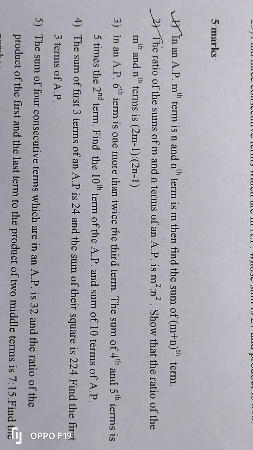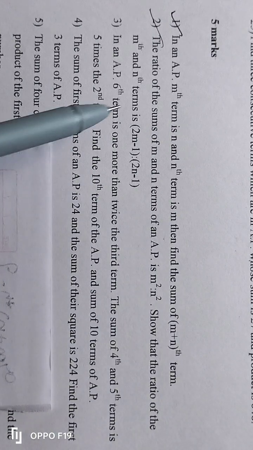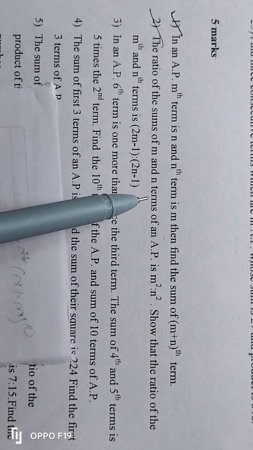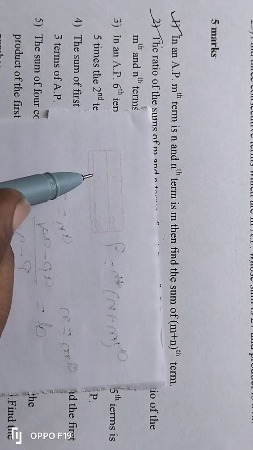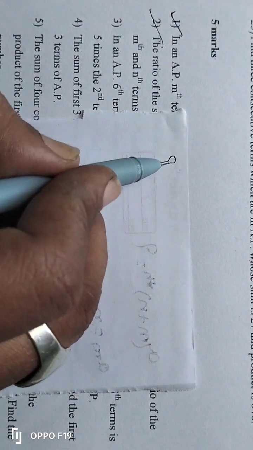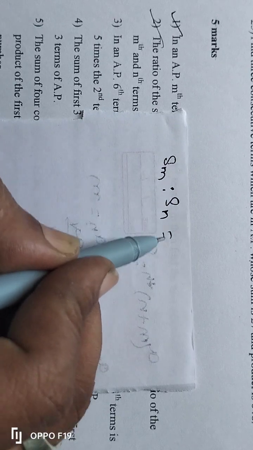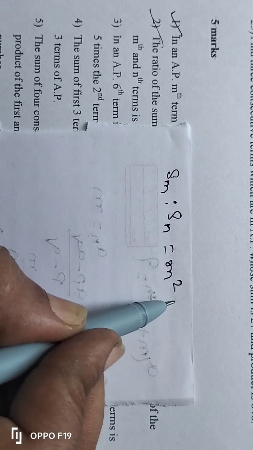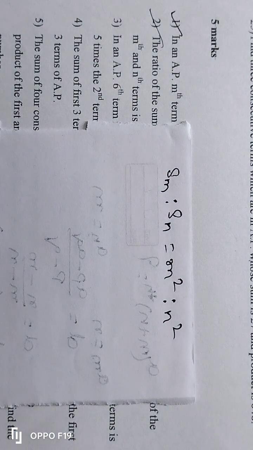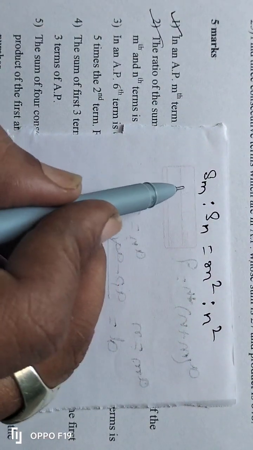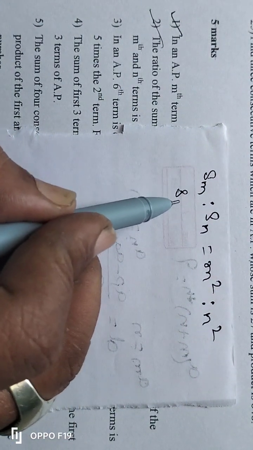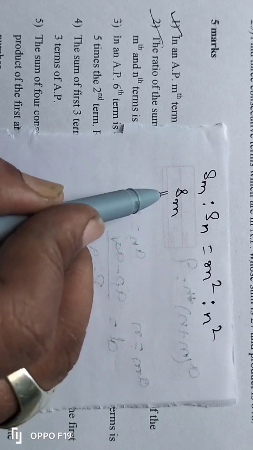So now let us write whatever they have given. The ratio of the sum of m terms and n terms is m square is to n square. That means you have to write it as Sm is to Sn is equal to m square is to n square.